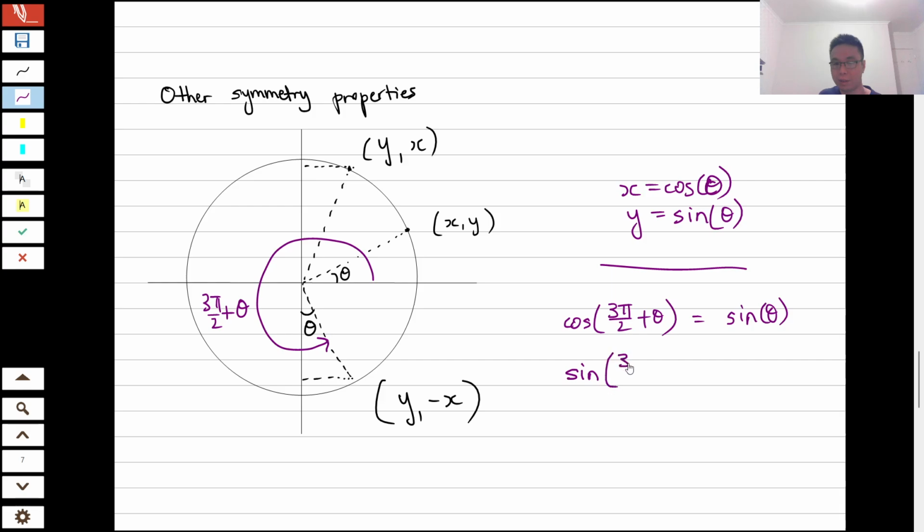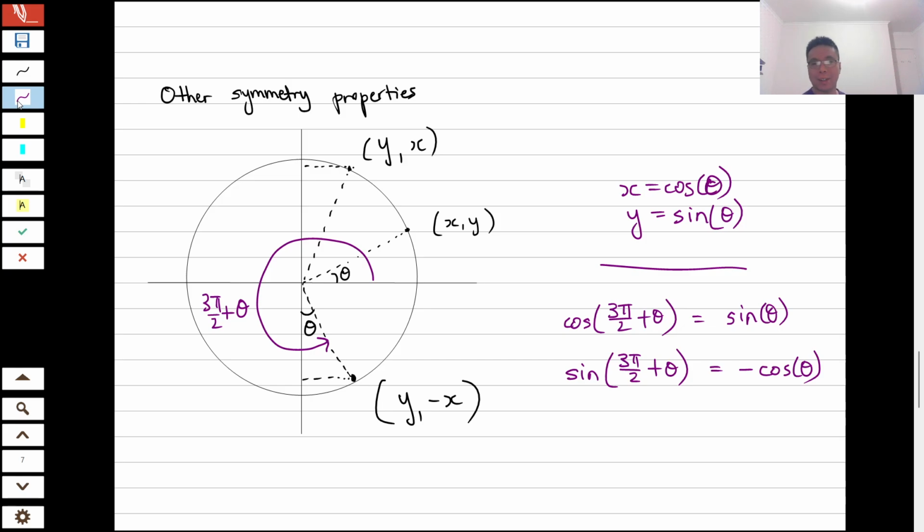And similarly, sine of 3 pi on 2 plus theta is the y value of this coordinate here, and that is negative x or negative cos theta. Sine is negative in the fourth quadrant, and this is coming out as we expect. Okay.